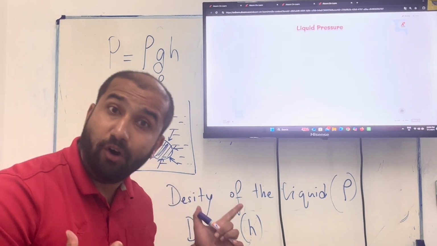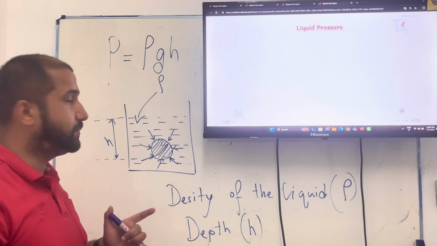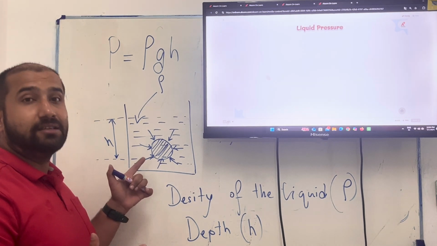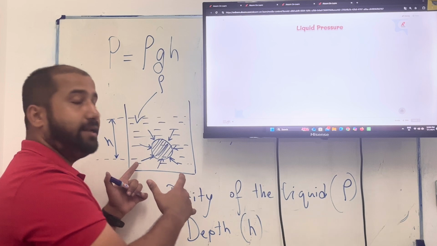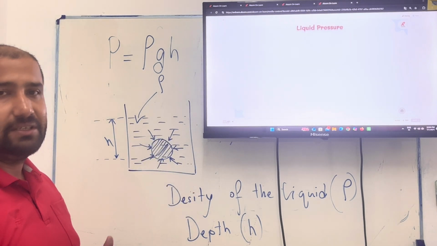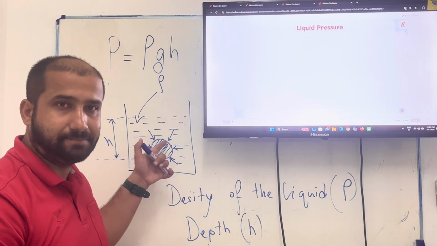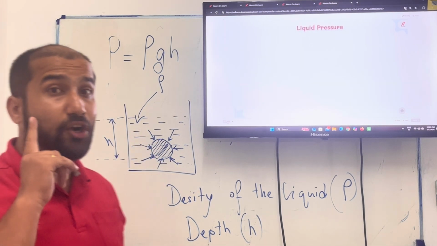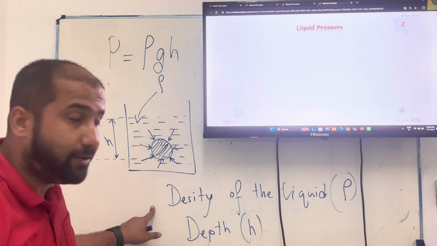If an object is under the water, this object will be exerted force by the liquid or water from all the different directions. That is called liquid pressure on the object. It will depend on two important things. First is the density of the liquid.